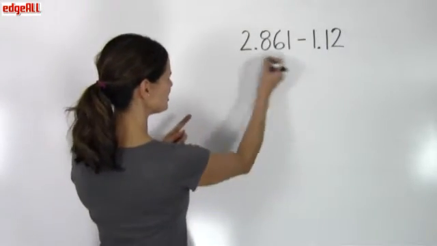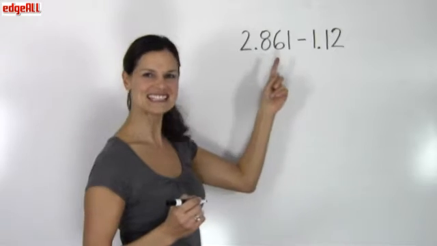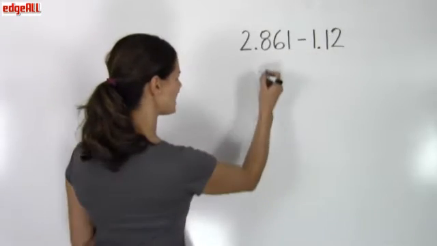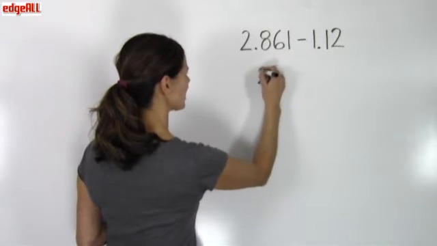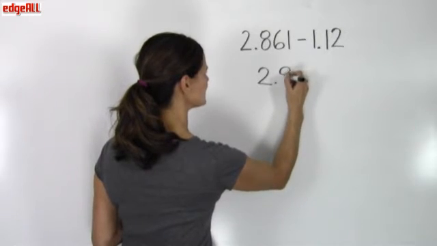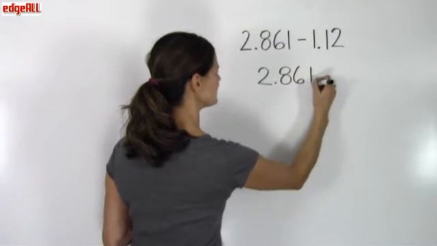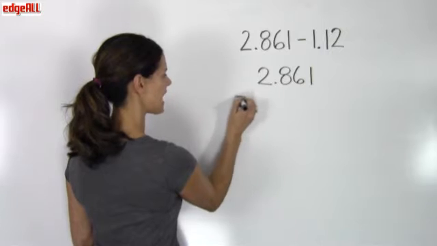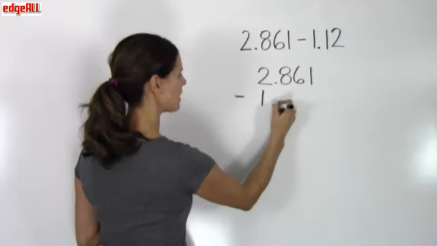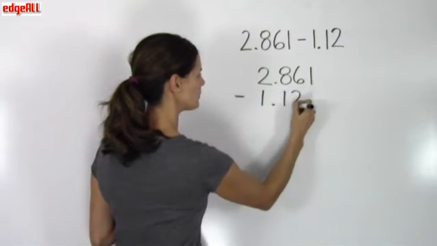So let's look at 2.861 minus 1.12. So I start with my 2.861 first, and then I'm going to subtract 1.12.